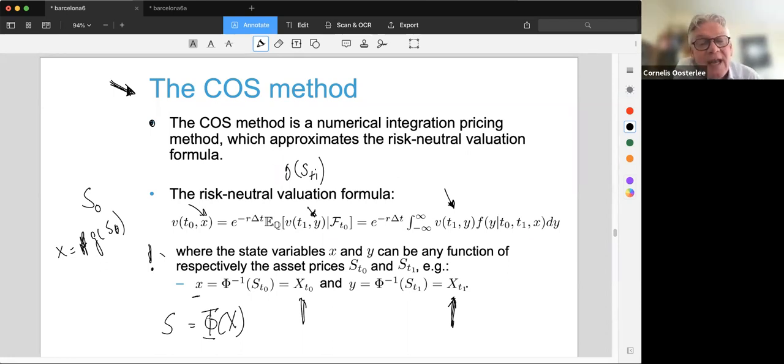But as we can have any variable here, we can take, for example, psi inverse of S, and that gives us x. And x, as I mentioned, was an Ornstein-Uhlenbeck process, or a normal process, or a CIR process, something for which we have a characteristic function available. So we choose an x process, in our case the OU process, for which we have a characteristic function available. Then x is just the inverse of psi applied to S, and y is the inverse of psi applied to S at t1.